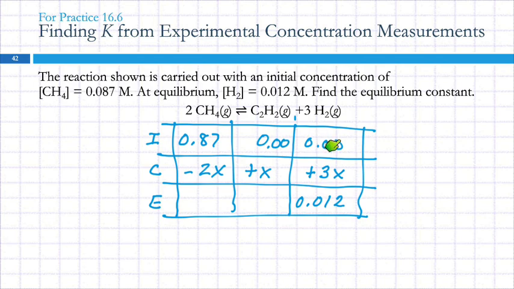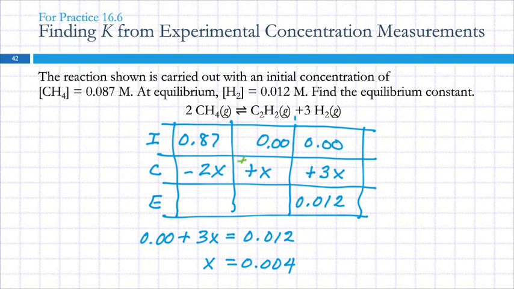So whichever one that we have all the information for, that's how we figure out what X is, because the equilibrium concentration has to be the initial plus the change. So, you know, if you want to write those in the boxes, you can do that.